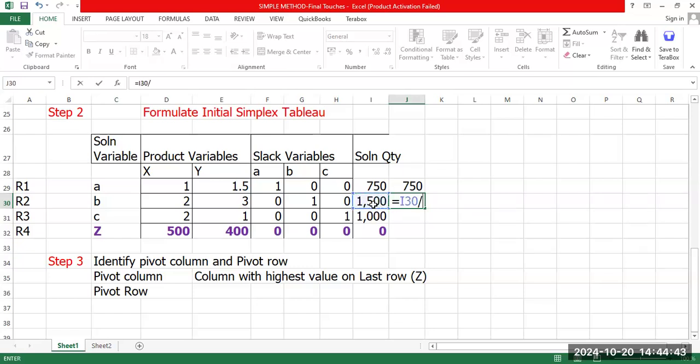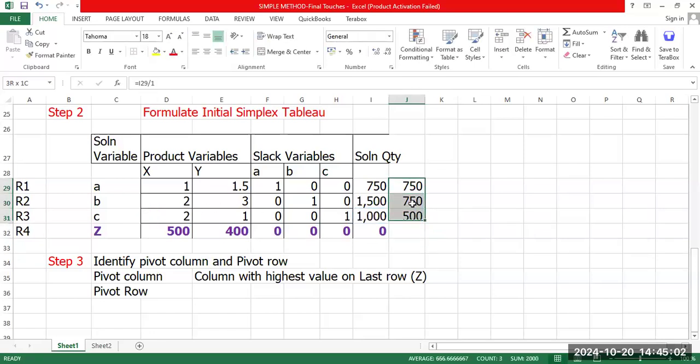Also get this one, divided by the corresponding value on the pivot column, which is 2. Then here you get 1 divided by 2.